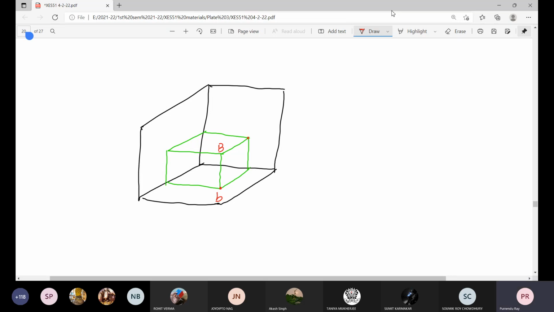Project on the vertical plane, it will be the view from front. Project on the PP placed on the left, so we are seeing from right.